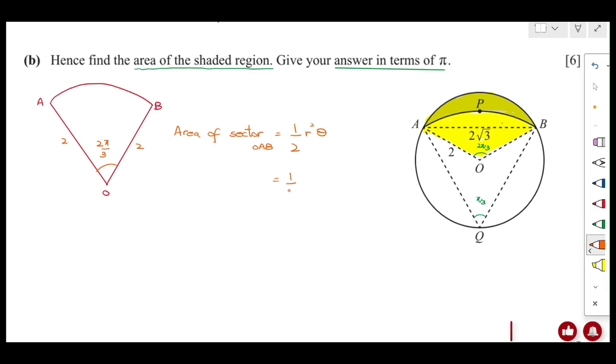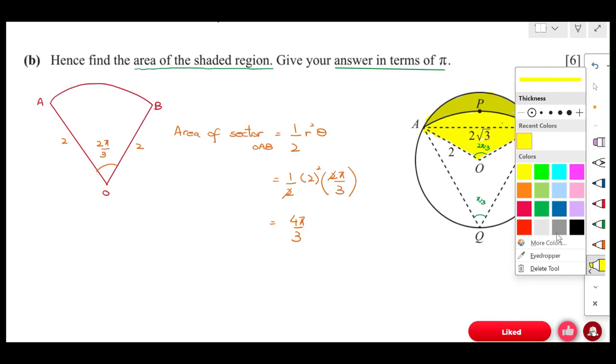So that is half, the radius is 2, take it squared, the theta is 2 pi over 3. This 2 and this 2 are cancelled out. 2 squared is 4, so this is 4 pi over 3. Okay, so we got the area for this sector, right?